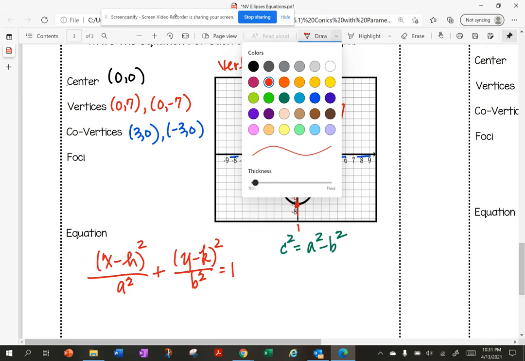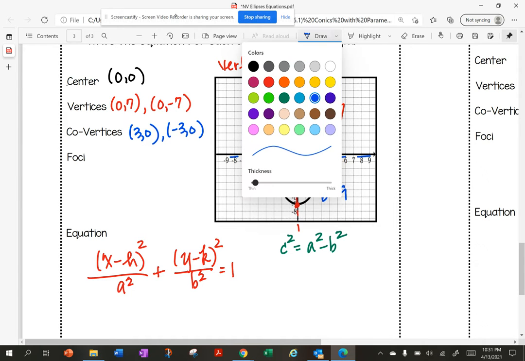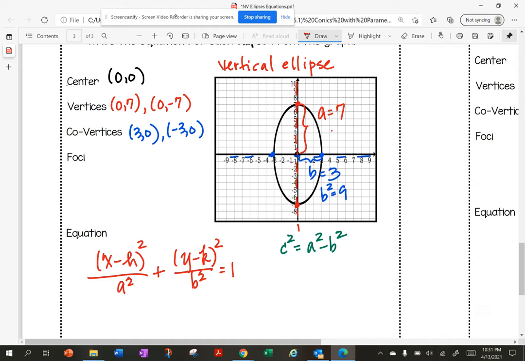And b is the distance to a co-vertex, which is 3. So b squared is 9, and a squared is 49.